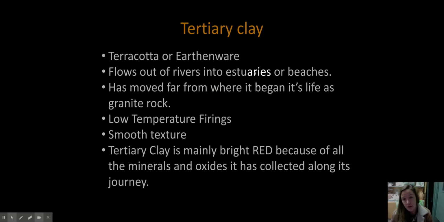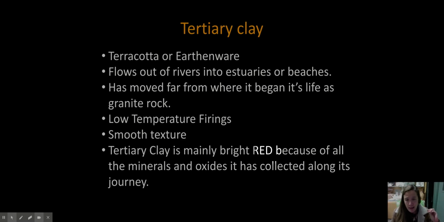And so earthenwares or tertiaries have gone all these different places, and so they've picked up lots and lots of impurities and things that make them more bright red or darker in color. Sometimes they're bright orange or red, or even chocolatey brown in color.